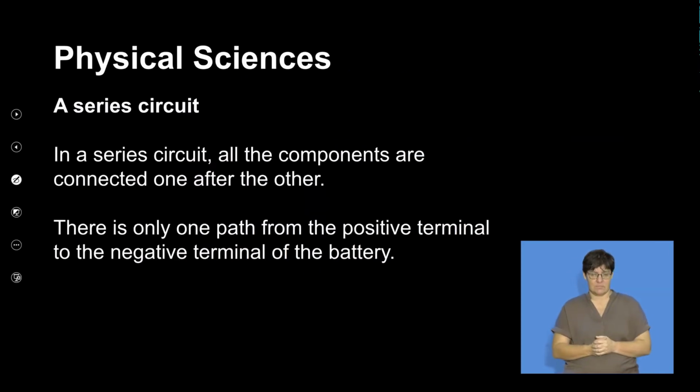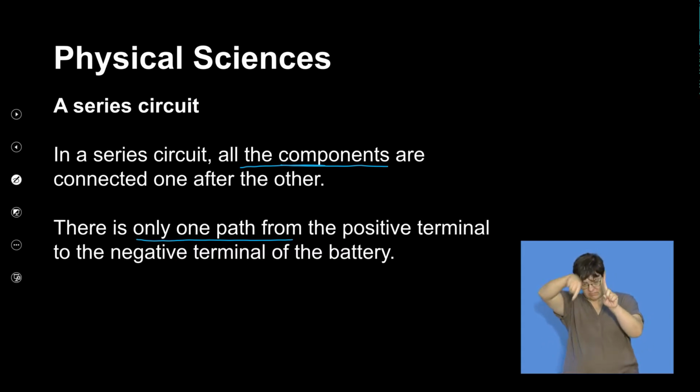Right, so in a series circuit, all components are connected one after the other. This is how exactly you identify a series circuit. So if one component is connected next to each other, then we're saying that it's a series. But also, more importantly about a series circuit is that there is only one path from the positive terminal to the negative terminal of the battery.